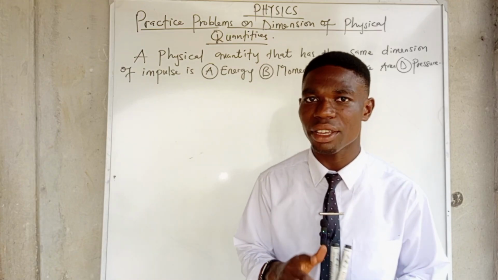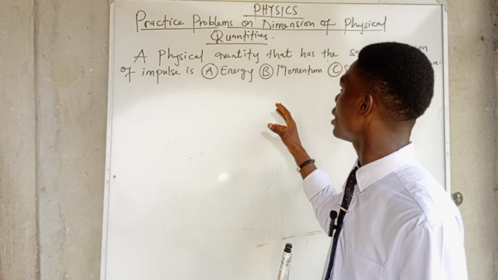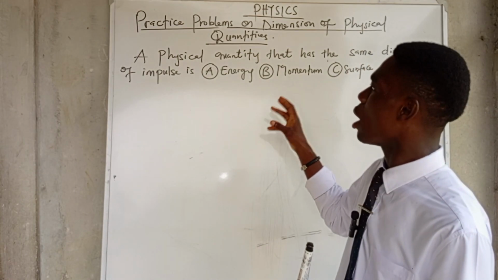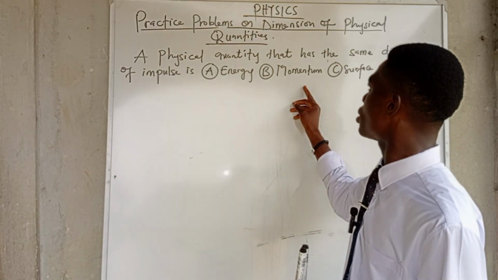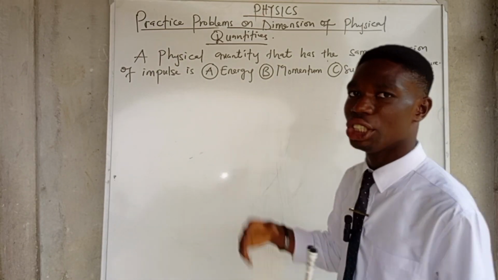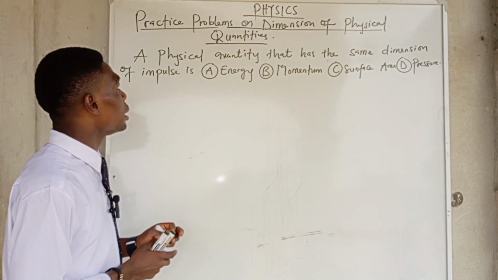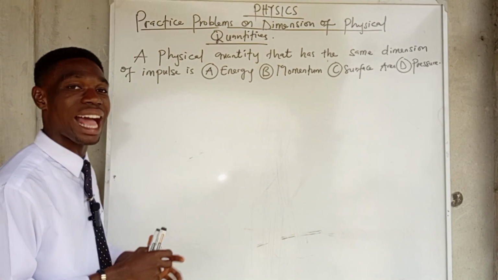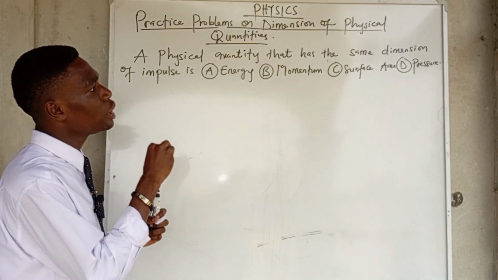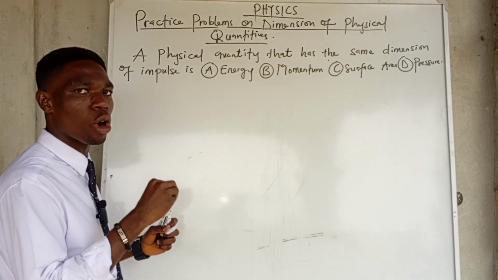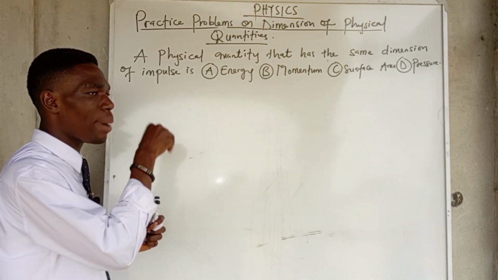All right, so we're going to be diving straight into what we're having to do. We're looking at a physical quantity that has the same dimension as impulse: A, energy; B, momentum; C, surface area; D, pressure. Remember, in that first video I defined dimension of quantities as the powers to which the fundamental quantities that make up that quantity are raised to give that particular quantity.